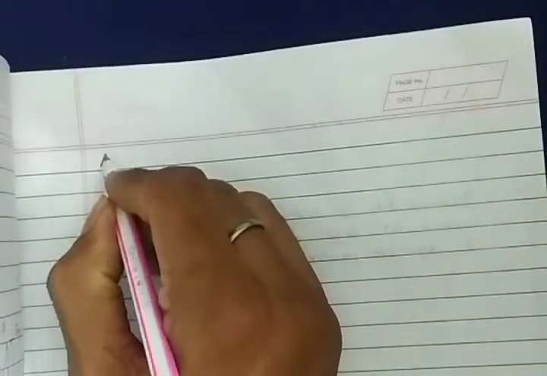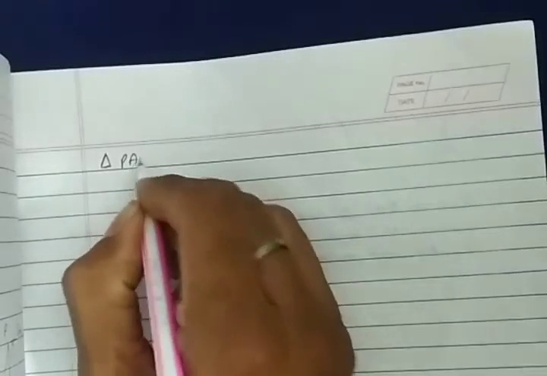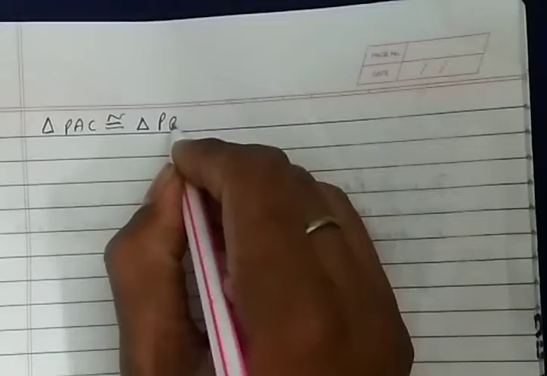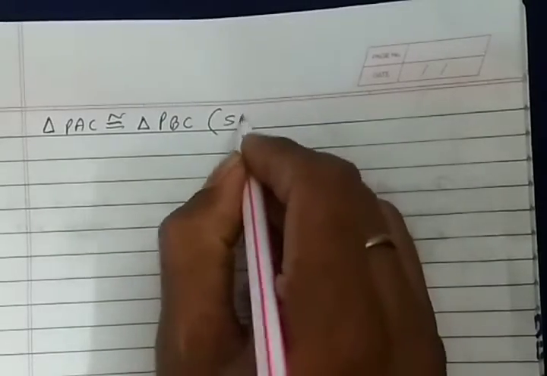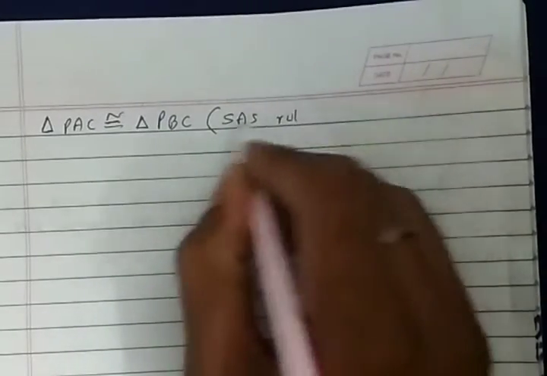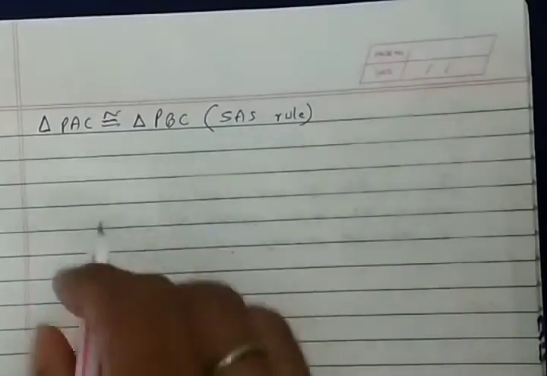Now triangle PAC is congruent to triangle PBC. This we have proved by side angle side rule, right?